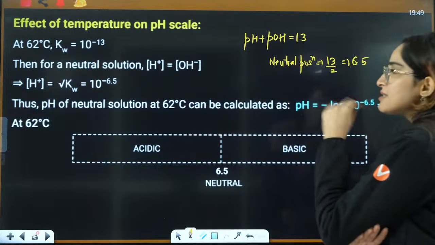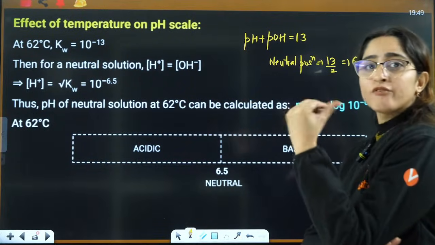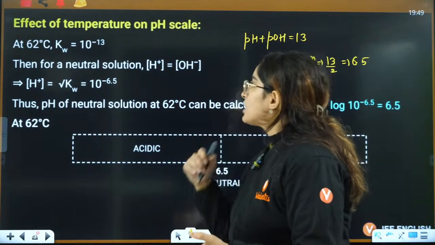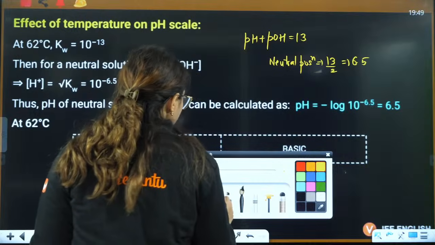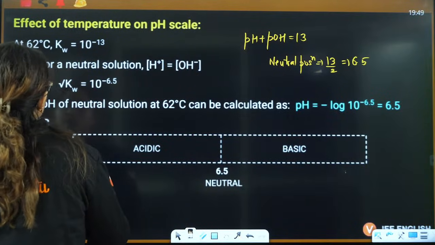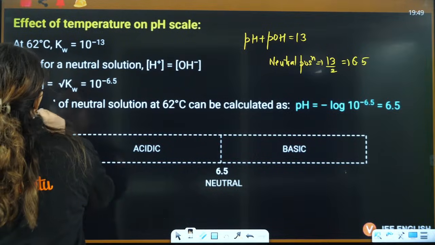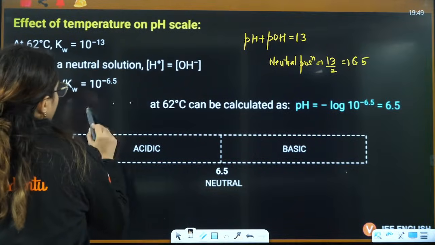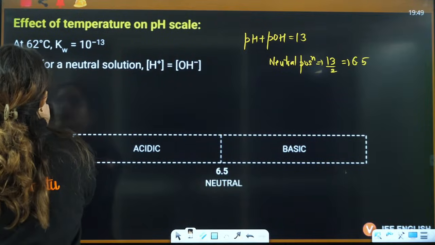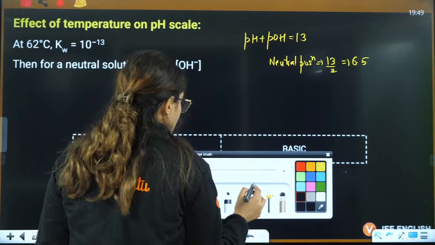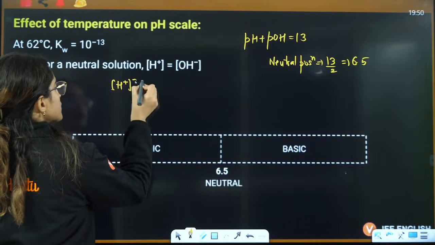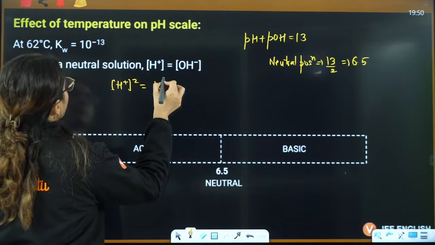Then for a neutral solution, we also know that H positive is equal to OH negative, right? How do you calculate this? See, if H positive equals OH negative, you can say H positive square is equal to 10 raised to power minus 13.